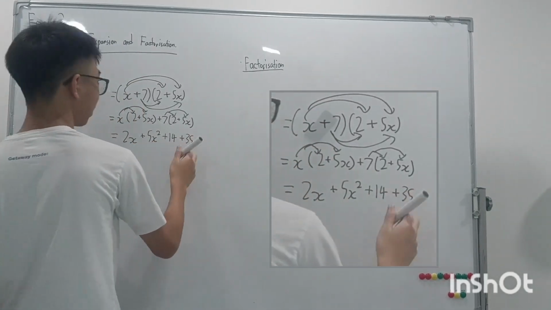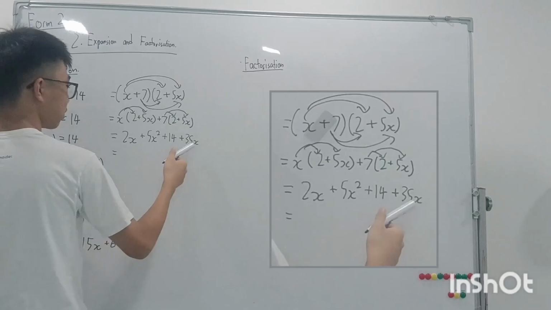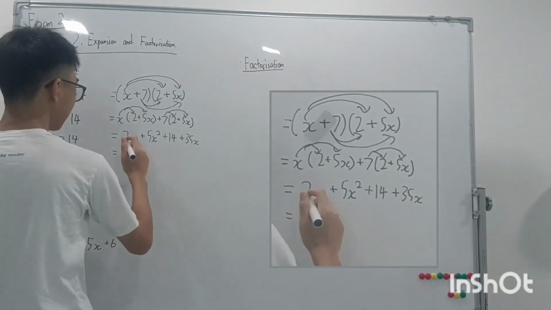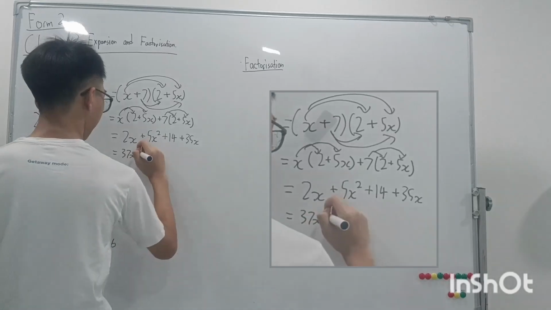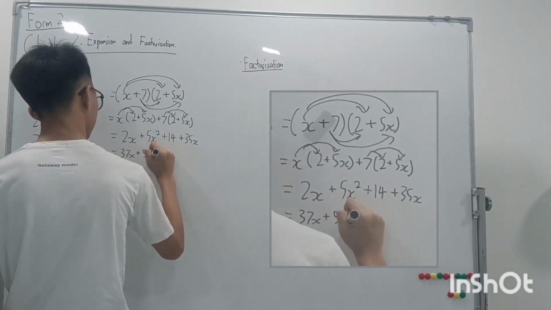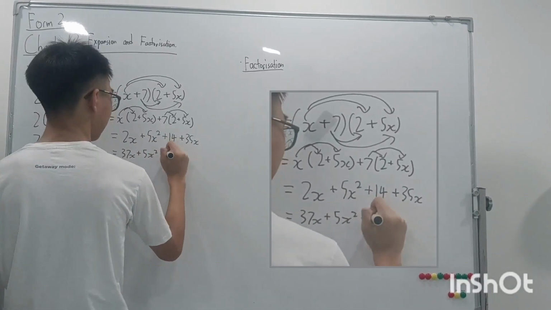We're going to simplify this, we're going to group the like terms. So 35x plus 2x will be 37x plus 5x squared plus 14.